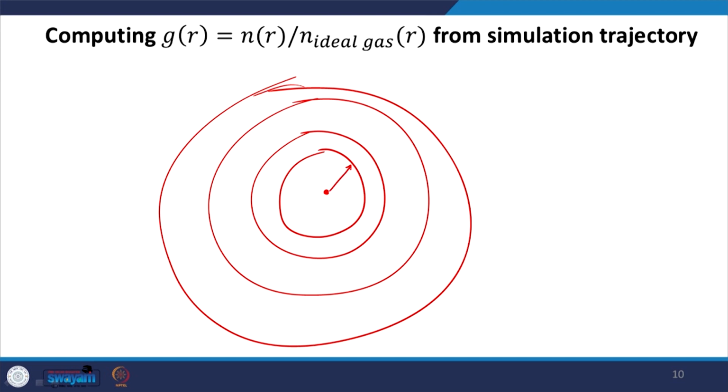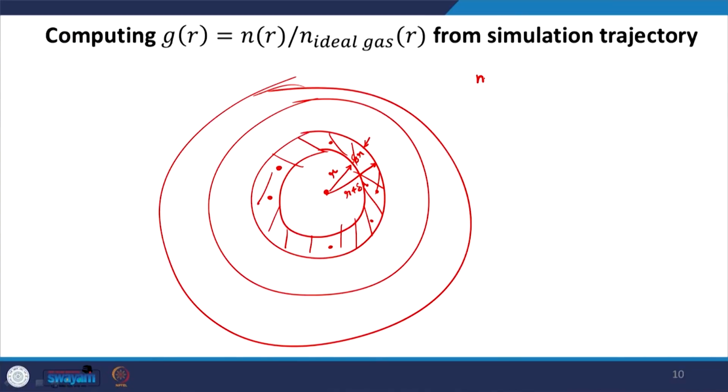So, between distance r and r plus delta r, we can imagine a spherical cell in 3 dimensions, and we can count the number of particles that lie within the spherical cell.